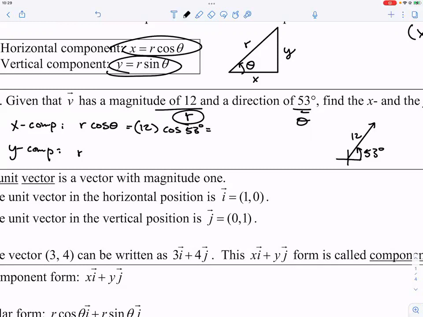For the y component, it's 12 times sine of 53 degrees. So I'm going to let you put these into the calculator and find out the two components. Round to 3 decimal places.